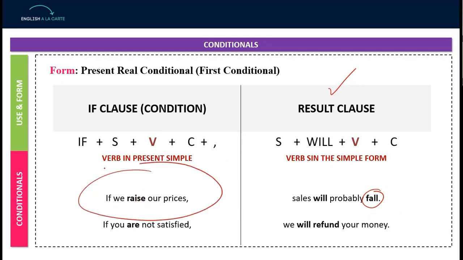Because the sentence is introduced by a connector, and when a sentence is introduced by a connector, it is not the main sentence. If you say, I like English because it is important, because is a connector introducing the second sentence, so the second sentence is not the main sentence. Any questions so far?